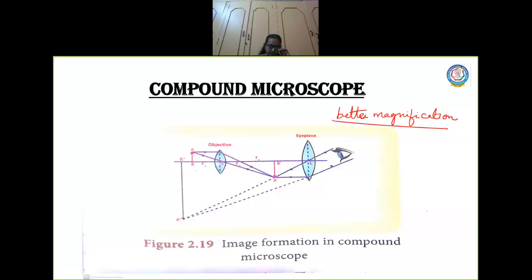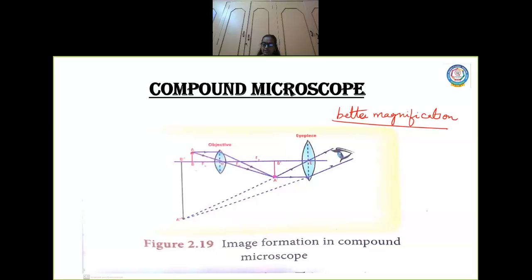Now let me explain the first part of the diagram. Listen, this part alone we will take. The object is here, between C and F. So where will the image be formed? The image will be formed beyond F. See here, you have to recall the rule of image formation by a convex lens.